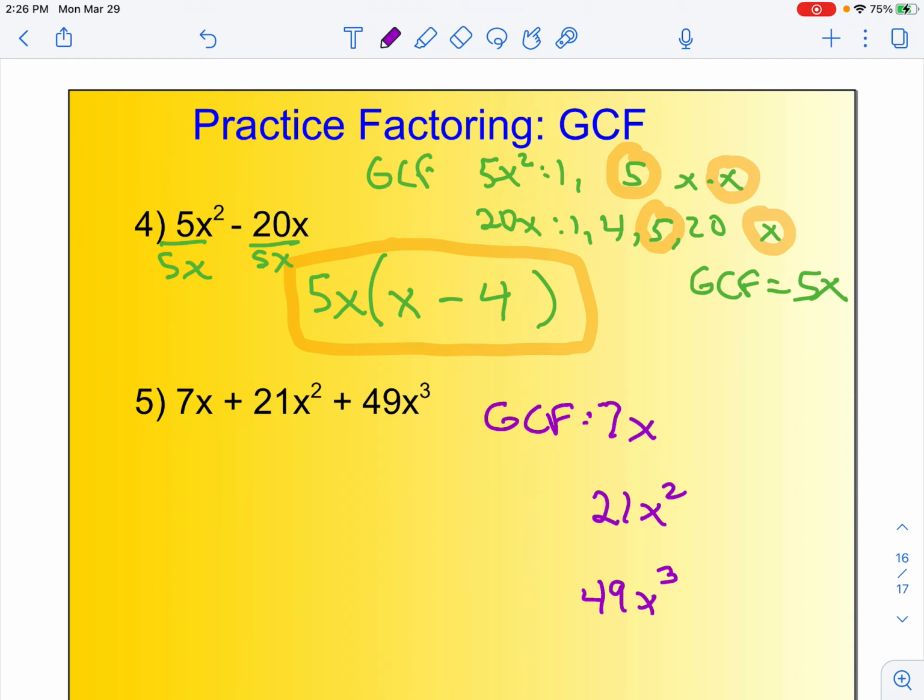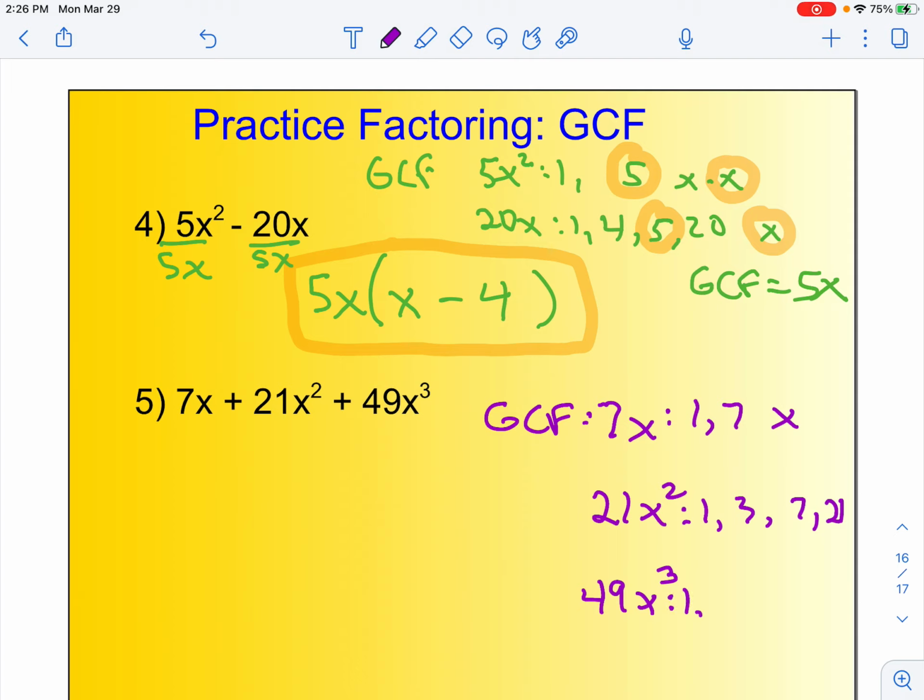So 7 is a prime number, so it'd be 1 and 7 and an x. 21 is not prime, so we would have 1 and 21, and 3 times 7. And again, we can check all the numbers in between 3 and 7, but 4, 5, and 6 do not go in there evenly.